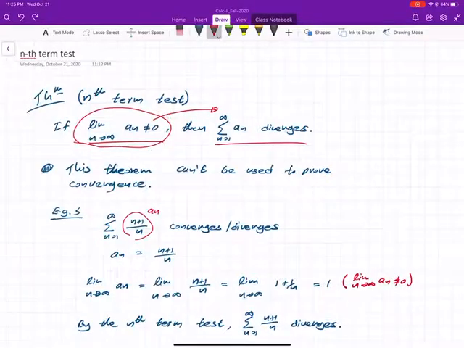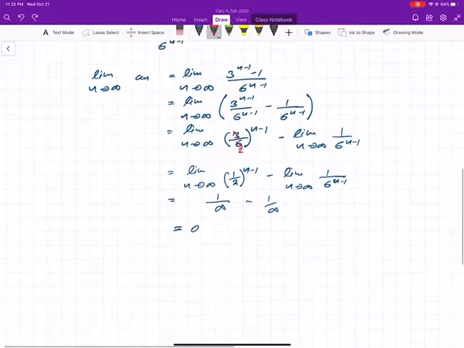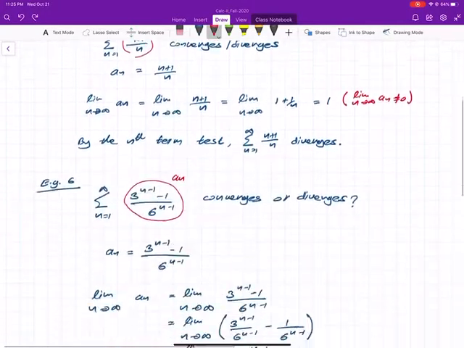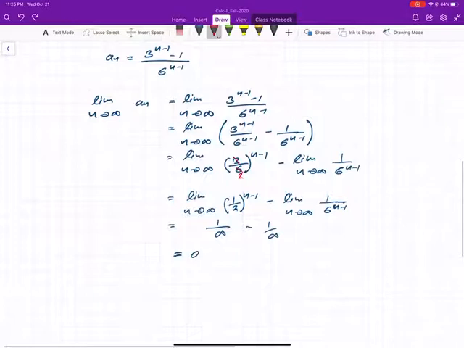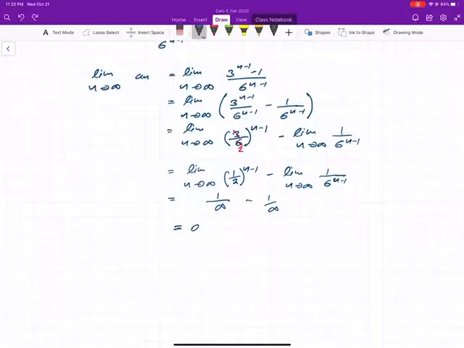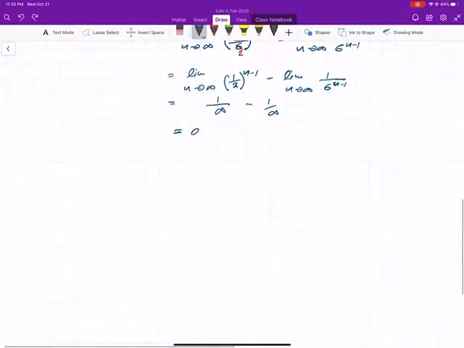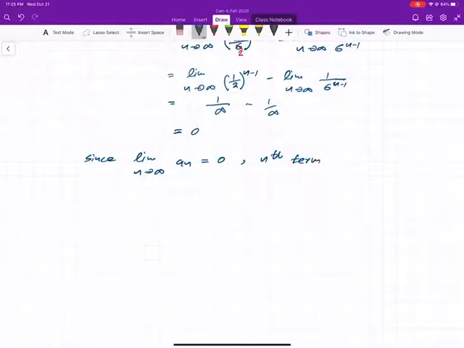Okay, let me get these extra lines. Now you have to find some other way of solving this. First of all, let me put a small note here. Since limit n goes to infinity, a n equals 0, the nth term test fails.